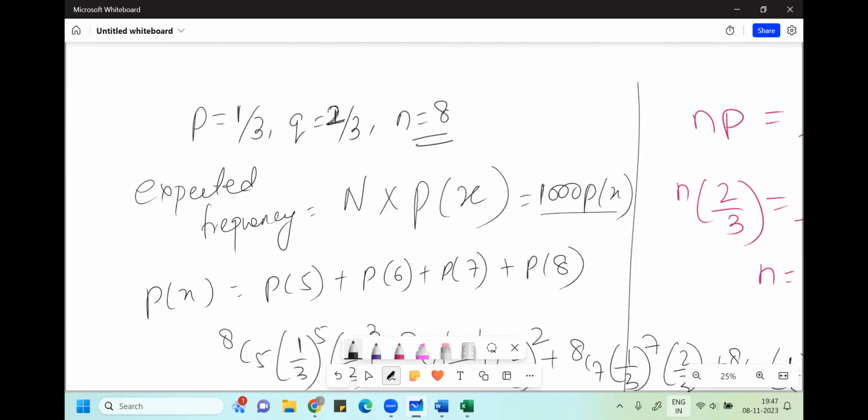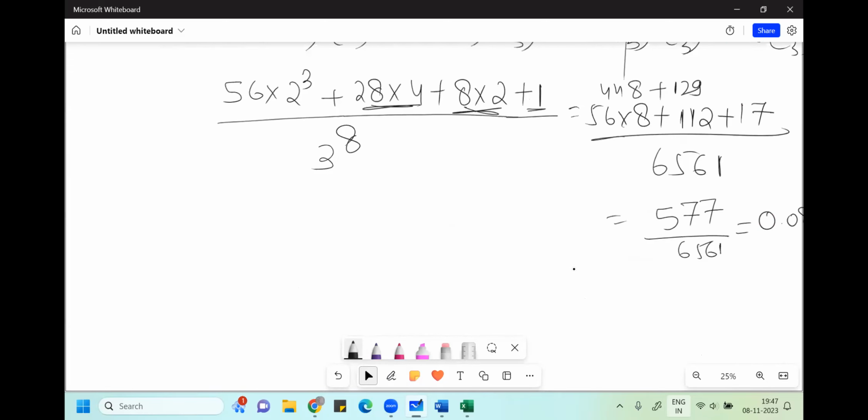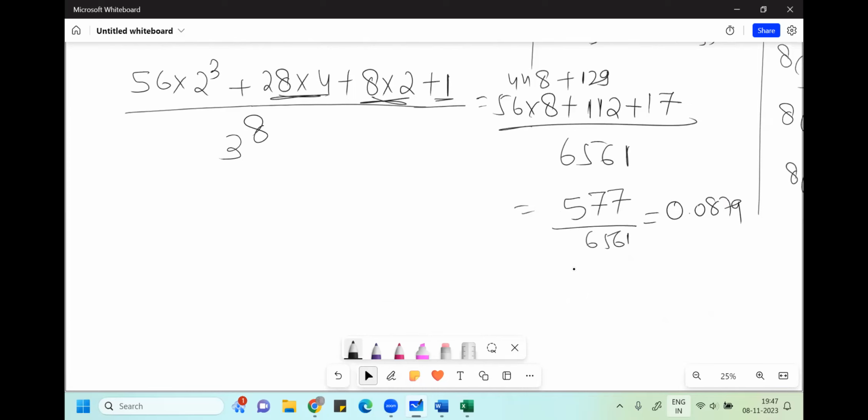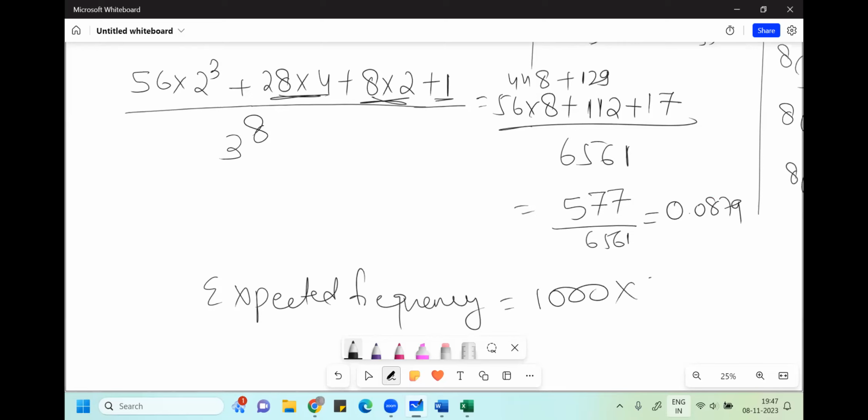For that, I have to multiply it with 1000. Once you get the probability, they're asking you the expected frequency. So expected frequency will be 1000 into 0.0879. So you'll get approximately 88. 87.9 means 88.